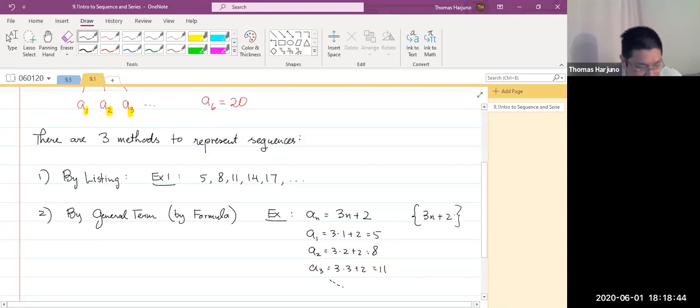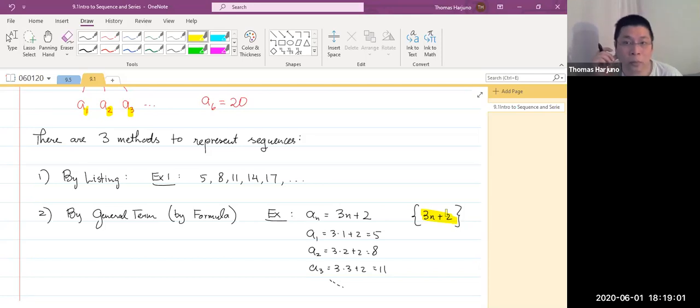When you see a formula in n between these brackets, that's just another way to write the general term by formula.